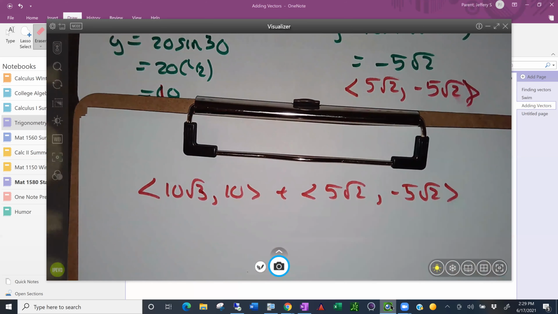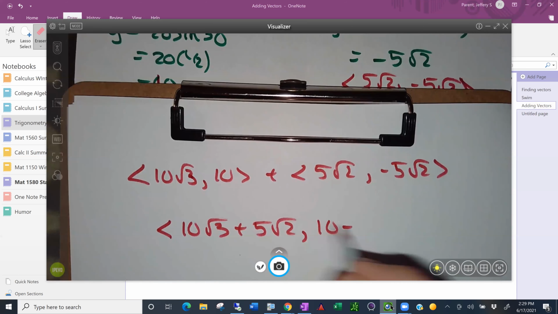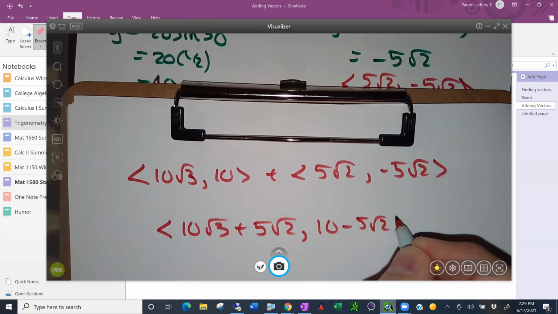I think I remember seeing in the book that your answer was something pretty ugly like this: 10 square roots of 3 plus 5 square roots of 2, and 10 minus 5 square roots of 2. So you're adding the x components, and you're adding the y components. And that's your vector. That's the resultant.